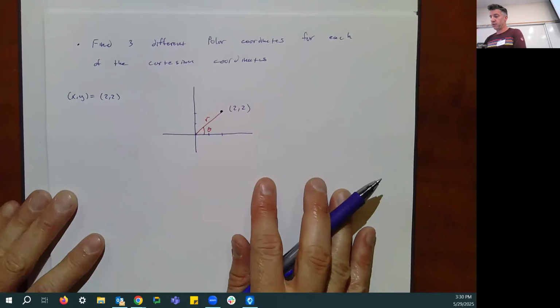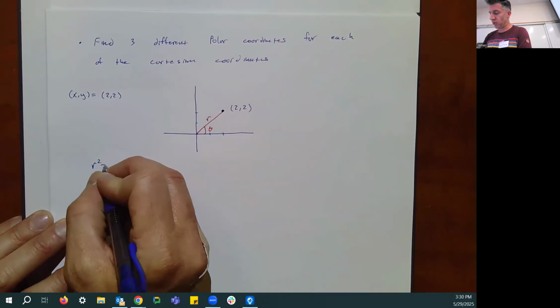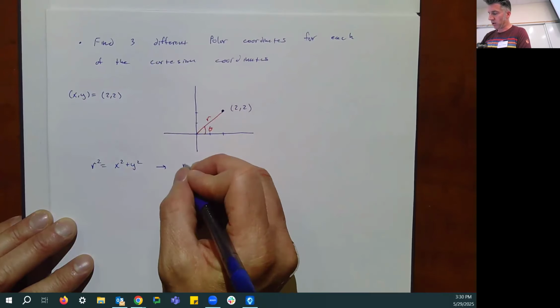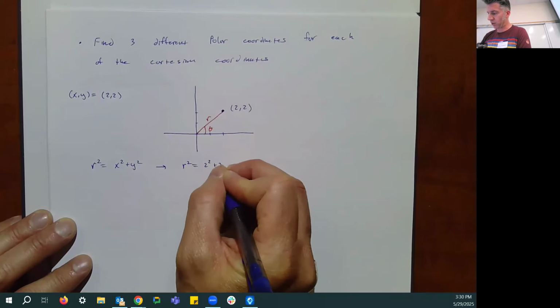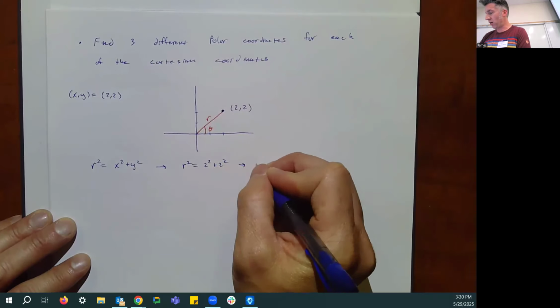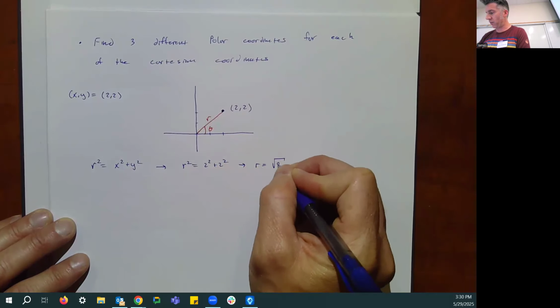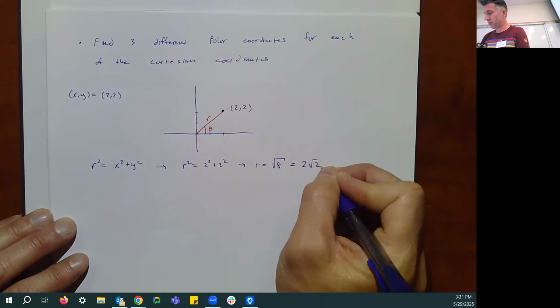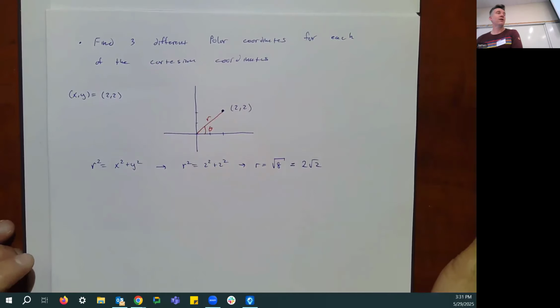We know that r squared should equal x squared plus y squared. So in this situation, r squared is 2 squared plus 2 squared, which is 8. So r is equal to the square root of 8, or if you prefer to simplify that, it's equal to 2 root 2.